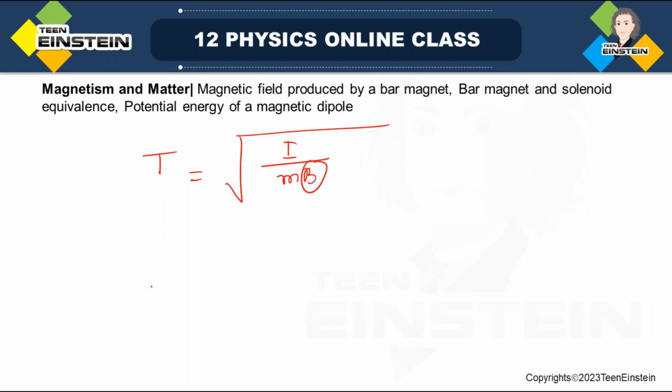See, here the magnetic field is there, here also 2 pi. So then I can write T square by 4 pi square into I, into mB.